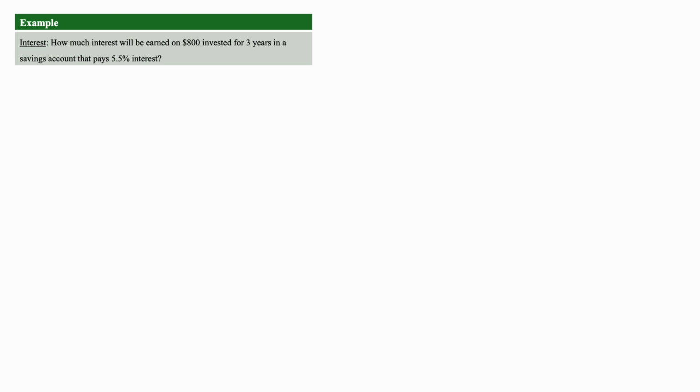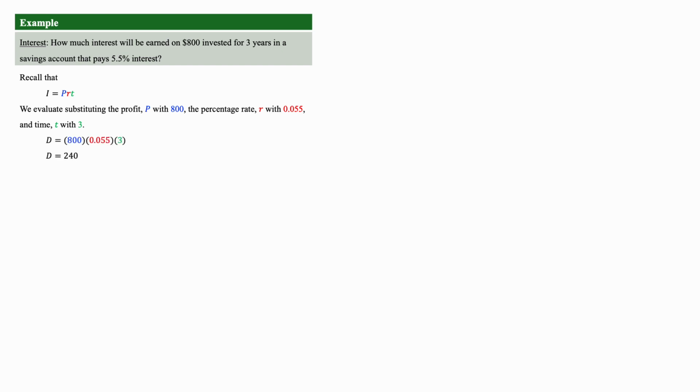In this next example, let's find the interest. How much interest will be earned on $800 invested for 3 years in a savings account that pays 5.5% interest? Well, let's first recall that I equals PRT. We evaluate by substituting the principal P with 800, the interest rate R with 0.055, and the time T with 3.